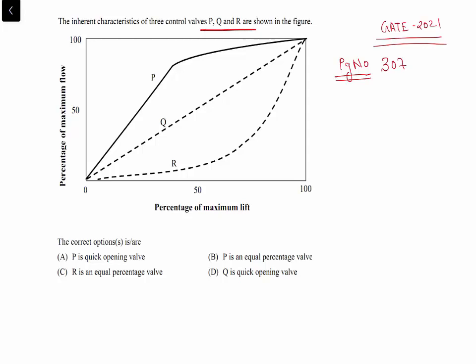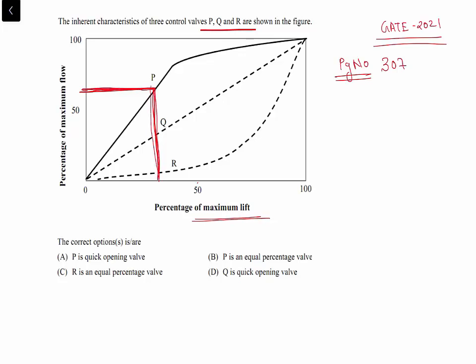So we will see the P line first. Here it is a maximum lift. For this P, the fraction of flow is very high, so the sensitivity is decreasing, but you can say it is a very quick opening valve, because the lift is not 50% even though the flow rate has increased beyond 50%.